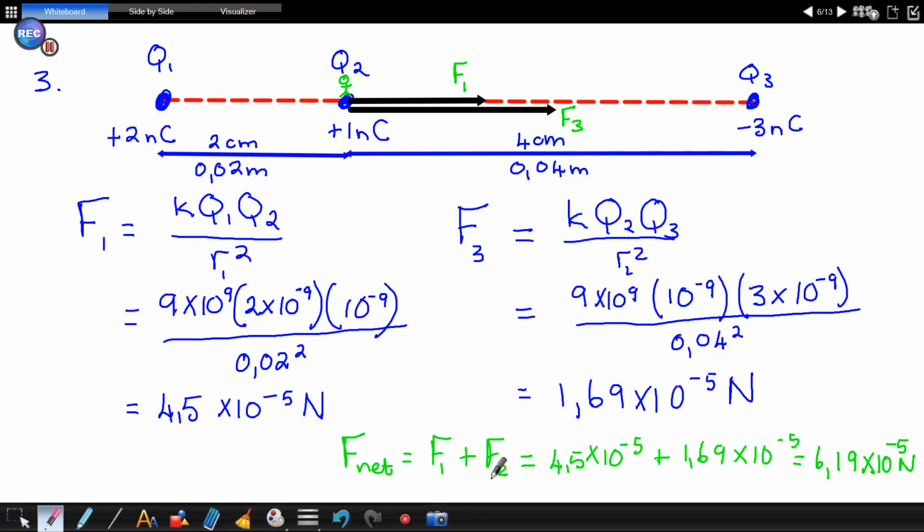And there must be a direction here. Is it to the left or to the right? To the right or towards Q3.